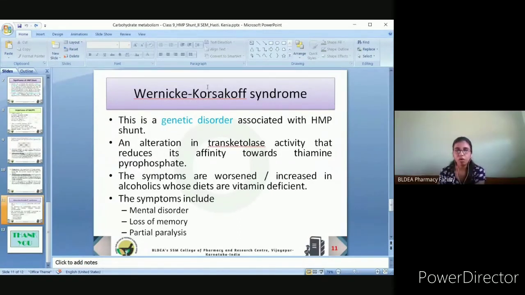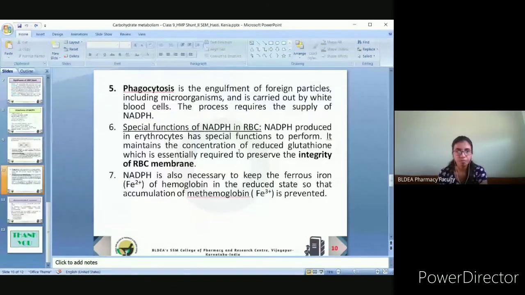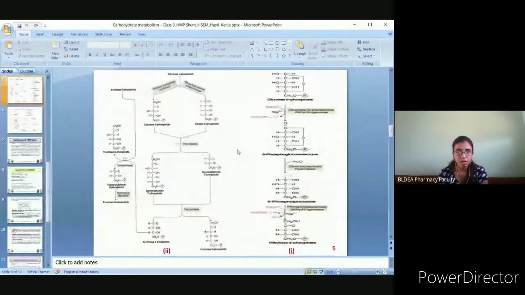Okay. So now coming to what is Wernicke-Korsakoff syndrome. This is an important genetic disorder that is associated with the HMP shunt. Whenever there is an alteration in transketolase, which was the enzyme you can see here, two transketolase enzymes are utilized for conversion of xylulose and ribose into 7 and 3 carbon members, as well as xylulose and erythrose being converted into 6 and 3 carbon members. So both of these utilize transketolase enzymes.